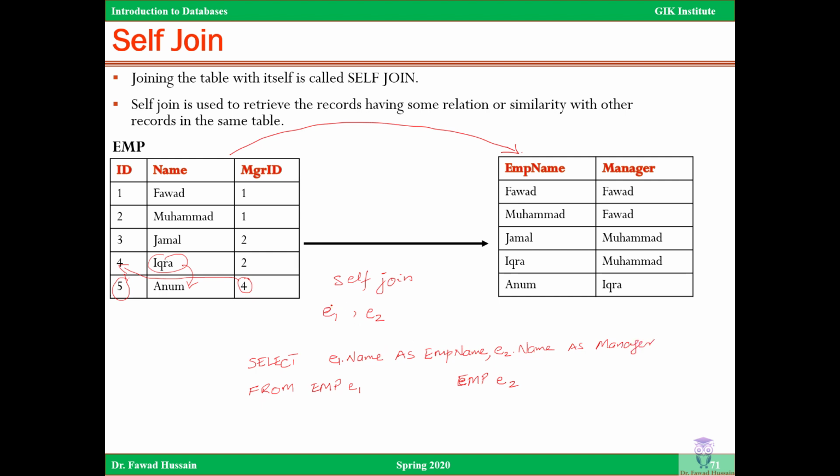So from the first table, remember that both tables refer to this same table. From here I am going to get the name of the employee, which will correspond to this part, and from the second I am going to get the name of the manager, which will correspond to this part. So select E1 dot name as employee name, E2 dot name as manager.